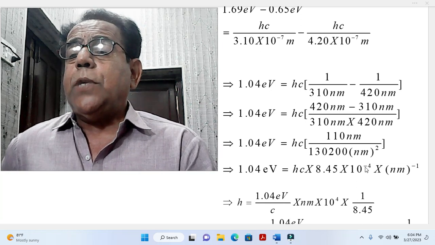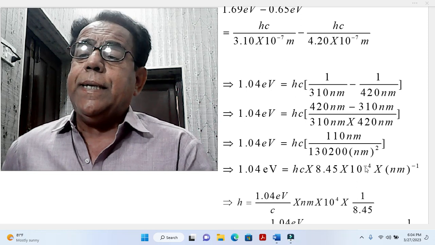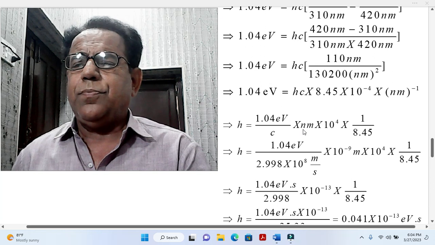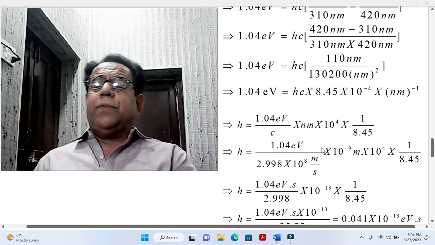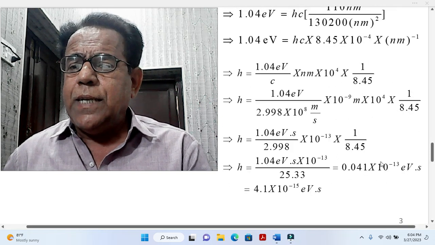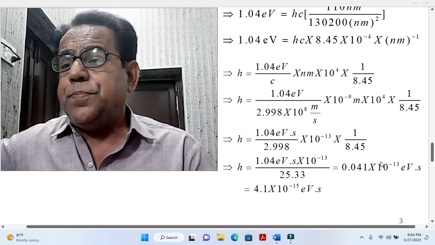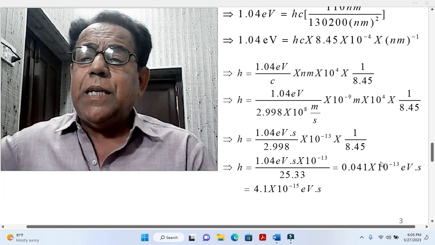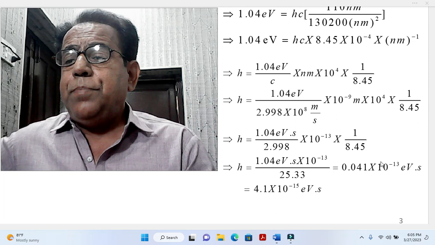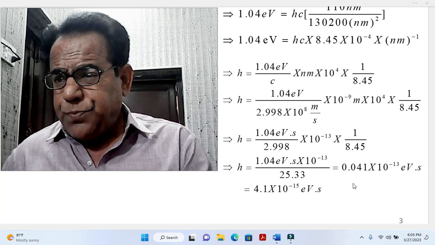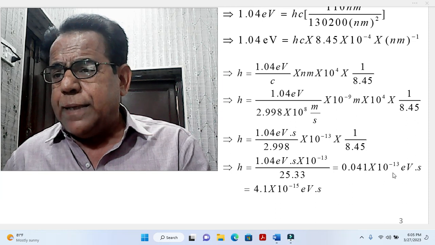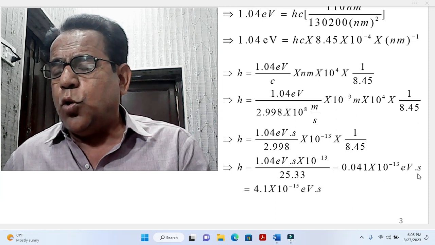Similarly, 8.45, which is being multiplied here, will be divided on the other side of equality. Dear students, there is no further need for such minor steps, which we dealt with at primary or middle level. Anyhow, H becomes equal to 0.041 into 10 to power minus 13 electron volt second.